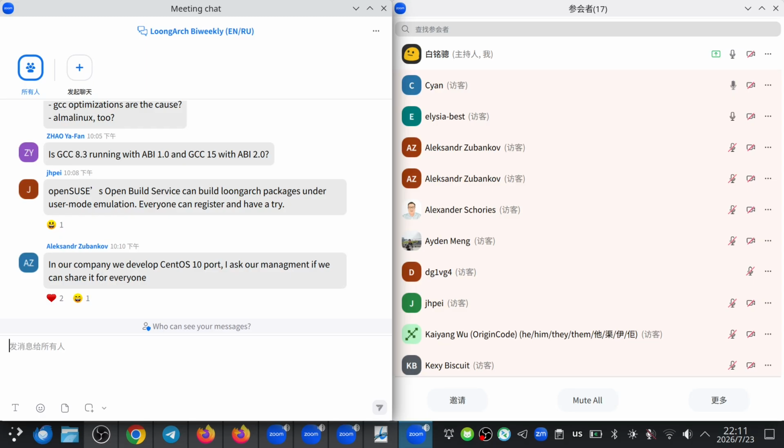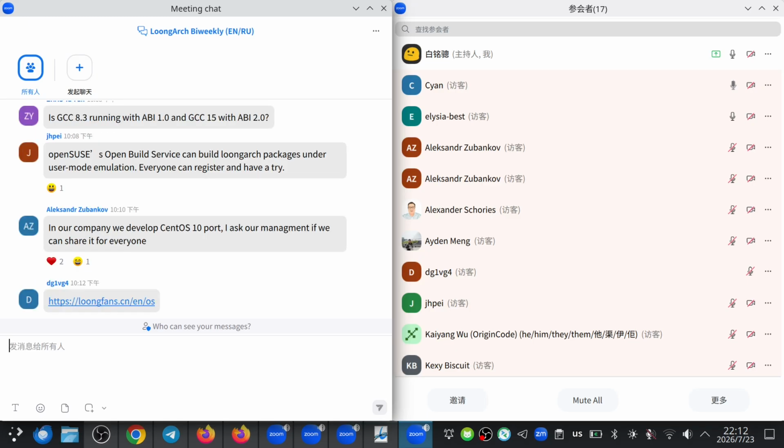But I think the crash that Shiroya mentioned before, according to my and Bimington's experience building packages on user mode emulation, the specific problems are random freezes due to mutexes not being released properly.